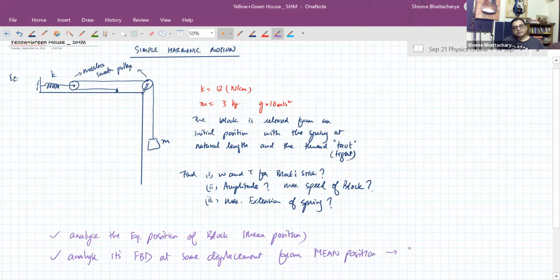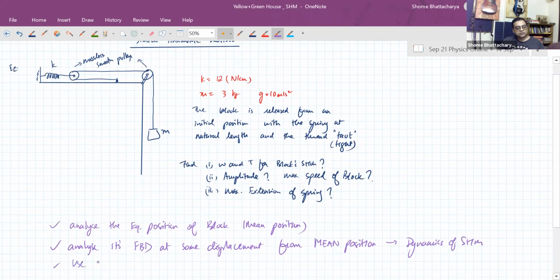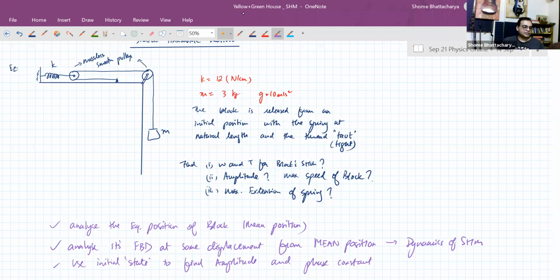And this will give us the dynamics of SHM. And then finally analyze the initial state. So use the initial state to find the amplitude and phase constant. So pretty much similar steps that we use in all SHM problems, same we have to do here also. Just try this out, people. We'll discuss.